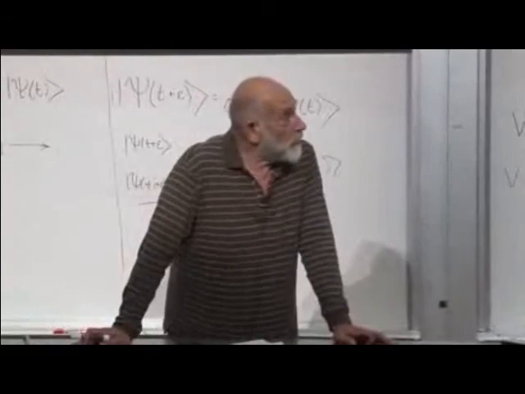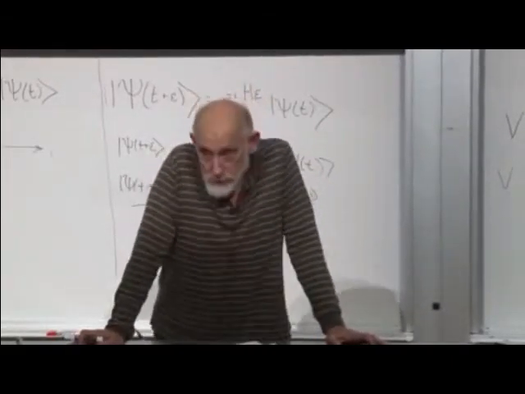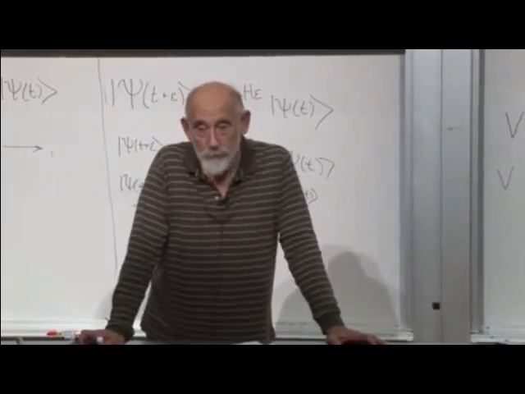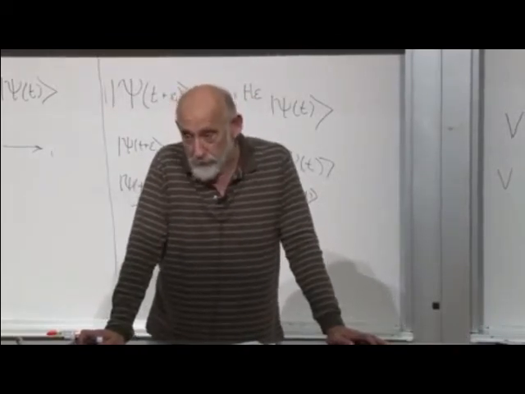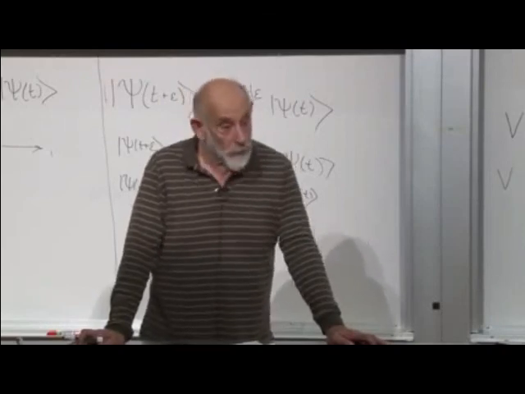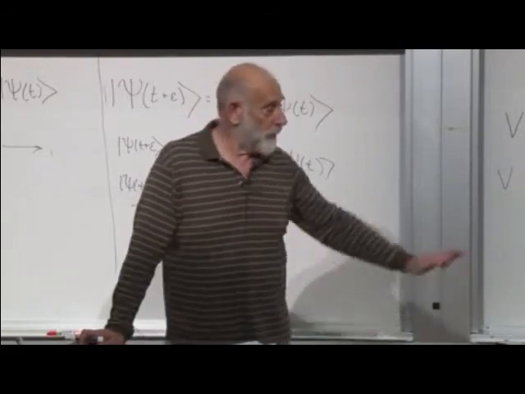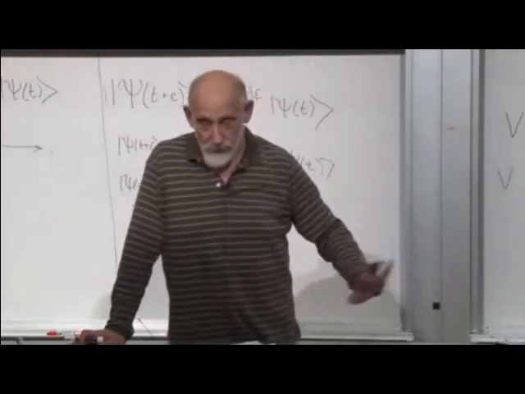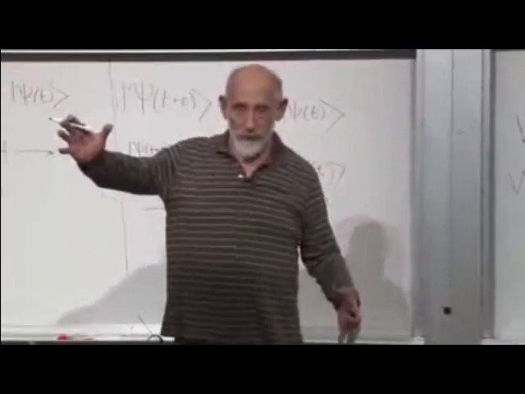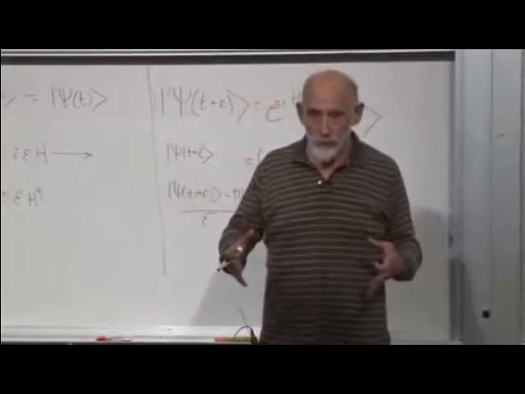The next time, it looks like we're about out of time, we will do rotation symmetry. Rotation symmetry is much more interesting, much more involved, and it will bring us to the subject of group theory. There's some group theory here, but the group theory is completely trivial. The next time we will talk about rotations in space. What's interesting about rotations in space is they don't commute with each other.